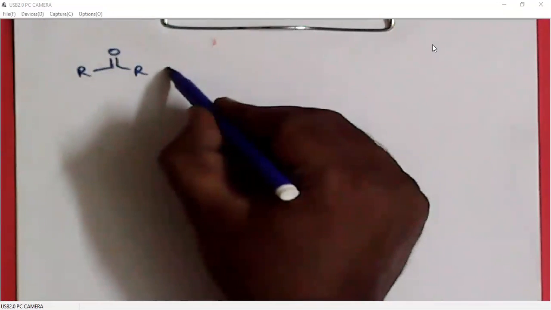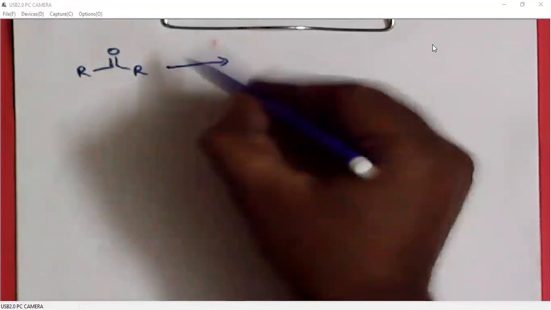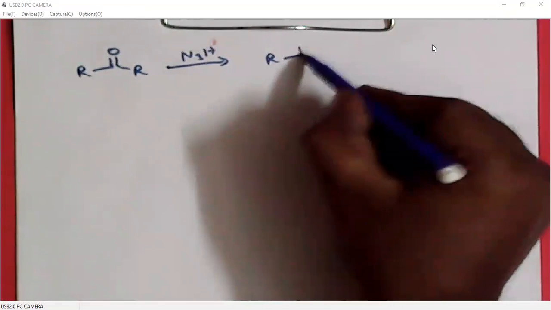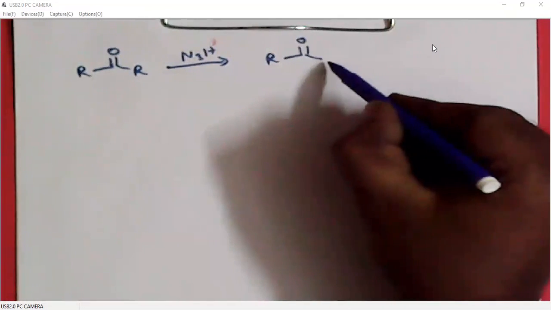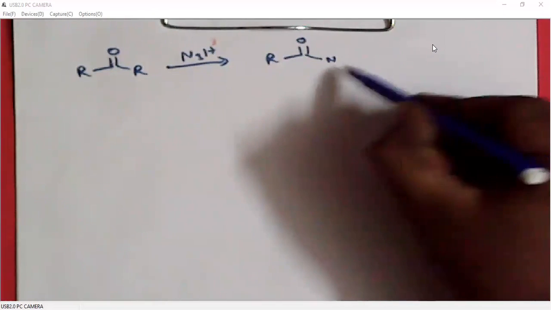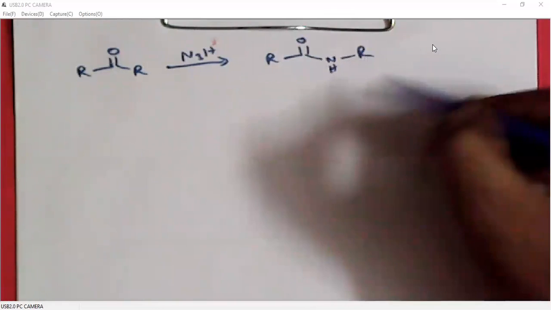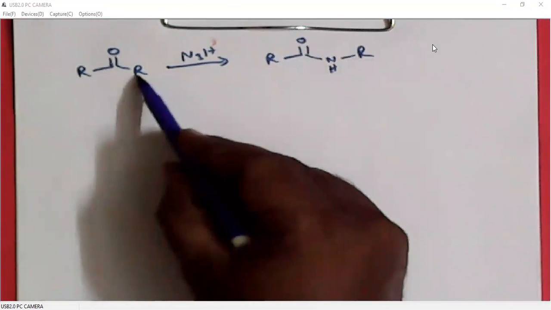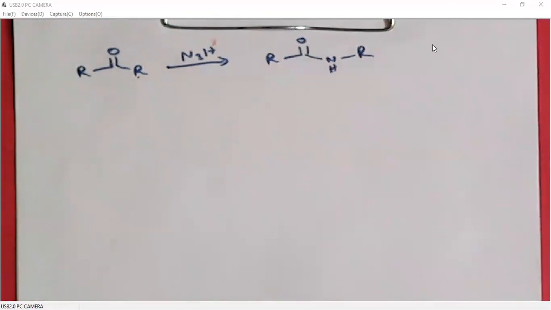When ketones are treated with hydrazoic acid, they are converted to amides, with alkyl migration from ketone to nitrogen.